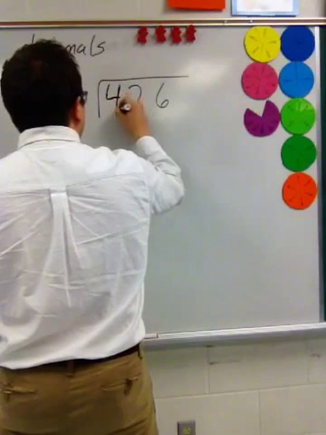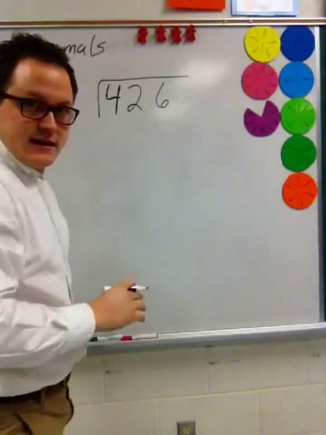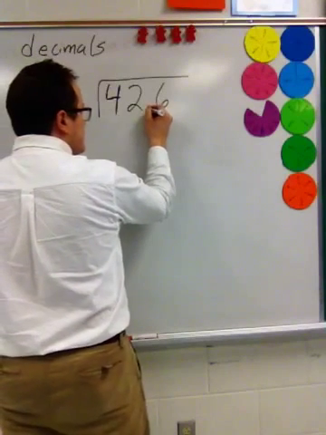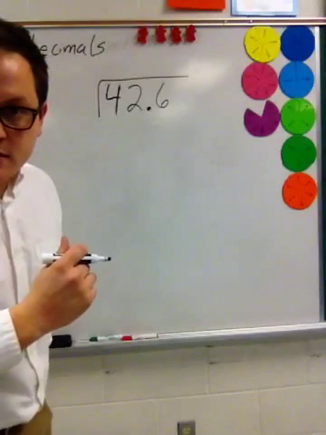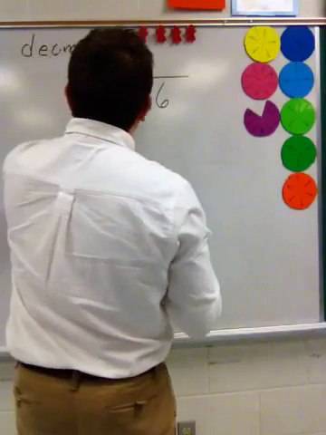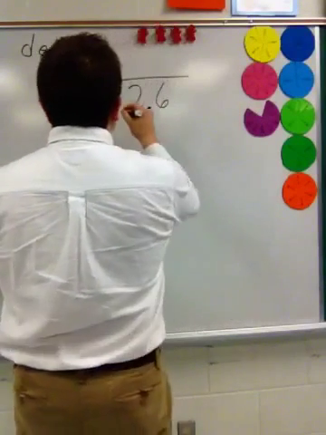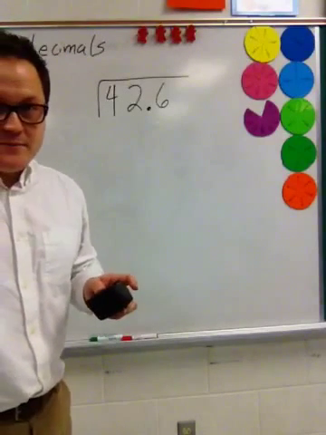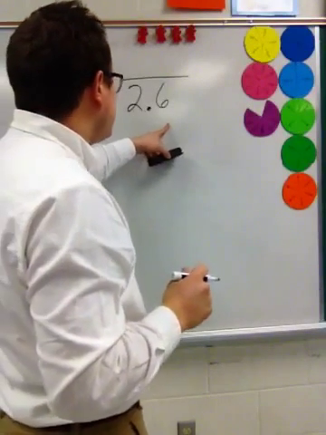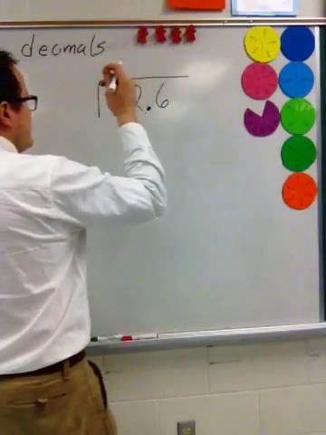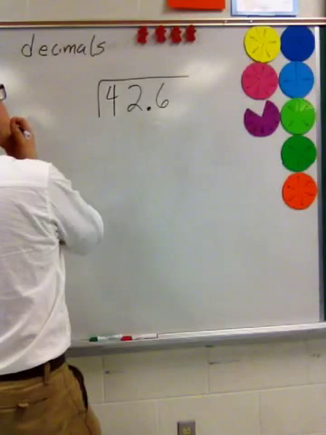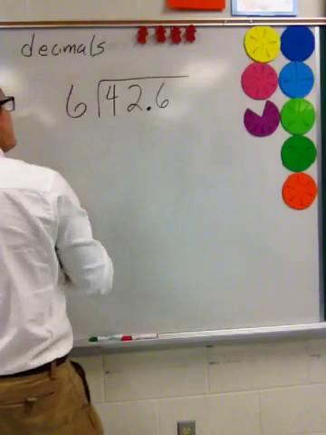Let me make that a little bit better. 42 and 6/10. The decimal is very light. How about that? That 4 looked terrible. My handwriting's not the best. All right, so 42 and 6/10 divided by, why not, 6? We'll do 6 over here.